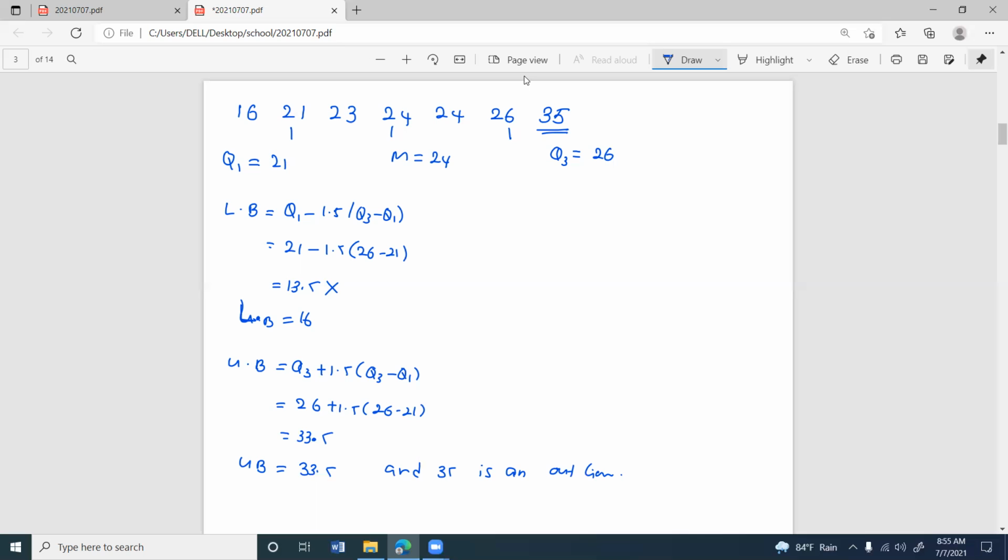It depends on the set. It means we consider from the quartile up to which extent to the lower side or to the upper side the data set is reasonable. That is the physical meaning of that.